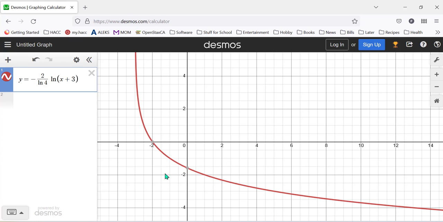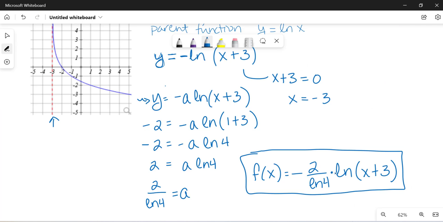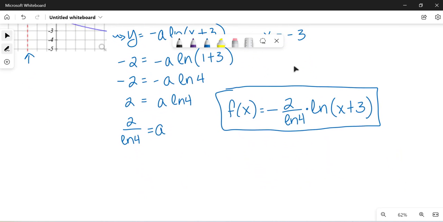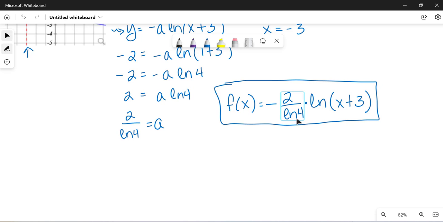There's only one logarithmic function that looks like this. It's this upside down kind of log that goes through negative 2, 0, and 1, negative 2. There are other ways that you can write this. If you learn about the change of base formula, then you can write this a little bit differently.